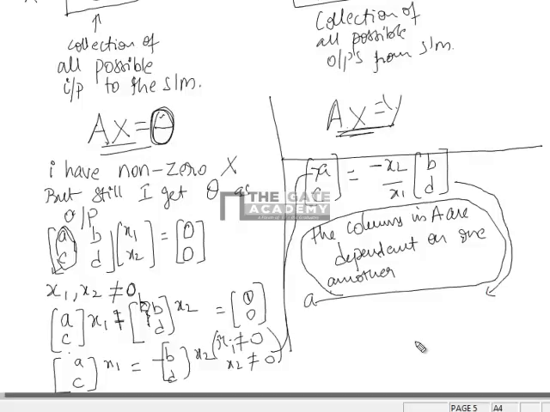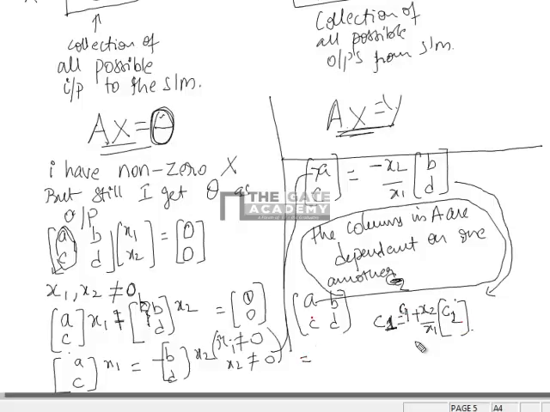I have A, B, C, D. Now let me do a column transformation by elementary column operation. Let me say that C1 is nothing but C1 plus x2 by x1 times C2. If I do this operation, what will I get?